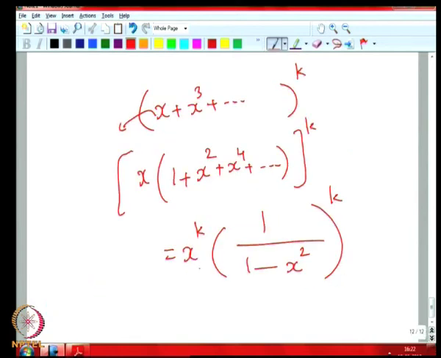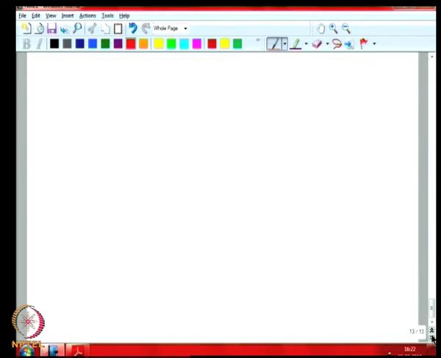As we have discussed, every term is being multiplied by x raised to k, so the coefficient of x to the power n will correspond to the coefficient of x raised to n minus k in the expansion of 1 by 1 minus x square, whole power k.